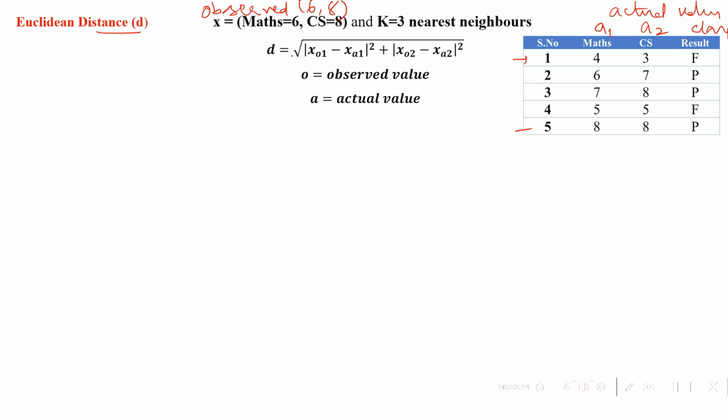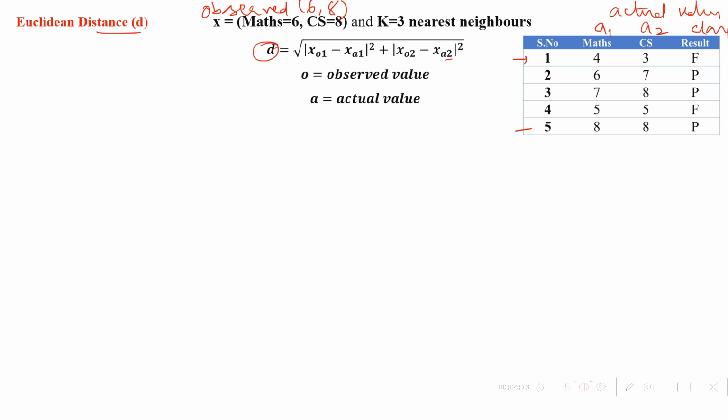The distance D is calculated as D equal to square root of the first observed value minus the first actual value whole square, plus the second observed value minus the second actual value whole square.